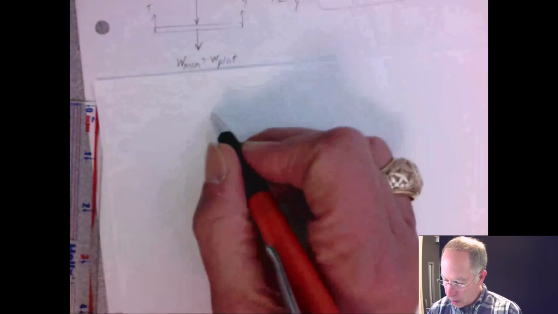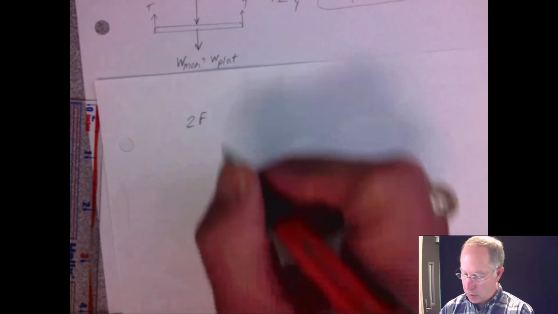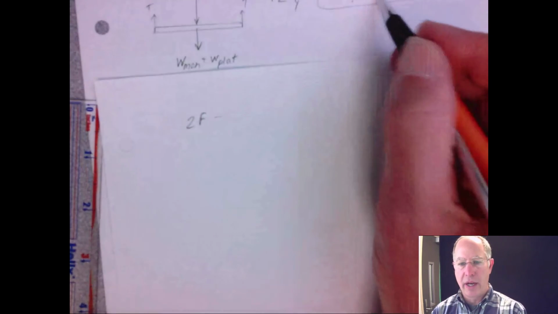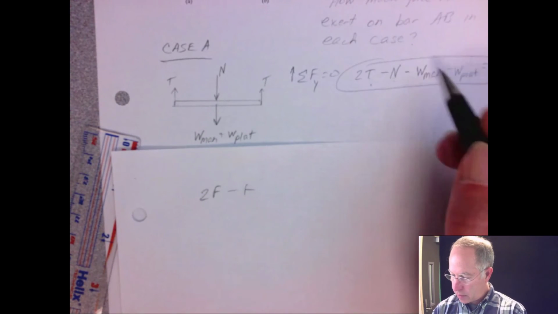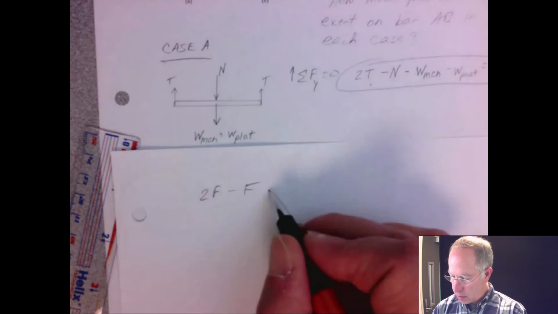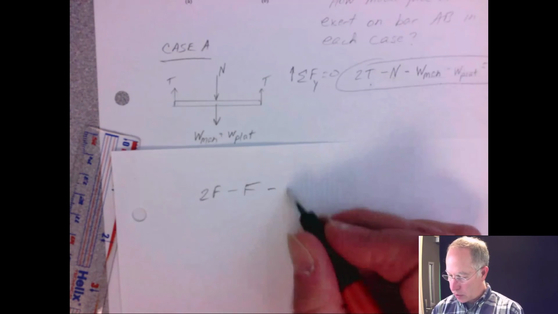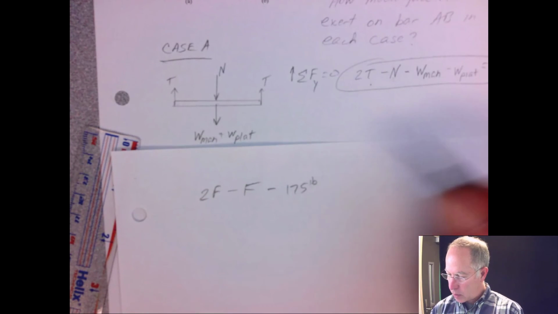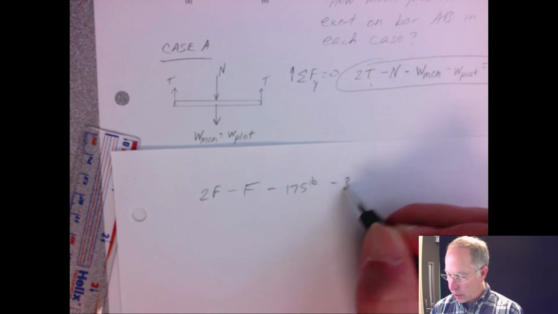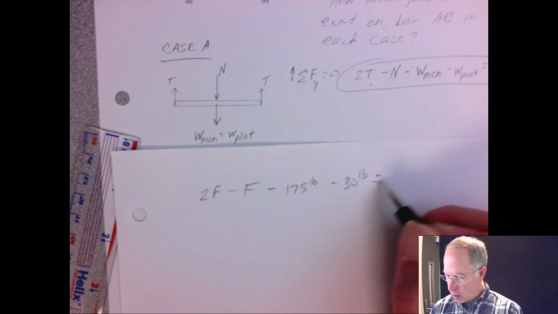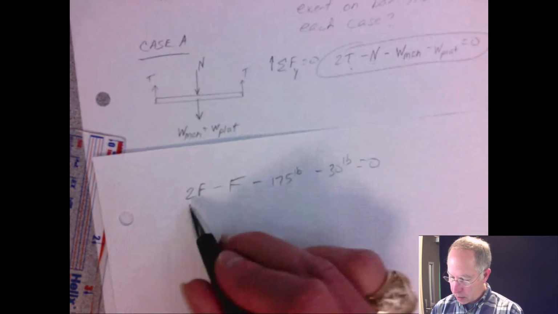So here we can say 2F minus, we said N is equal to F, minus F, minus the weight of the man, which is 175, and the weight of the platform is 30, equals 0.